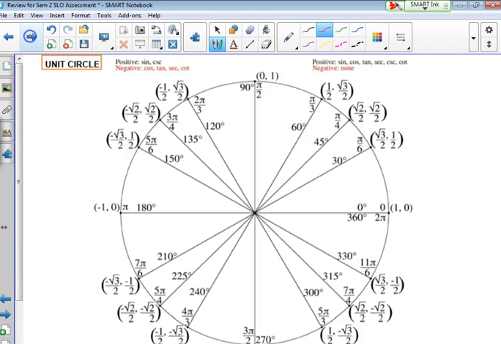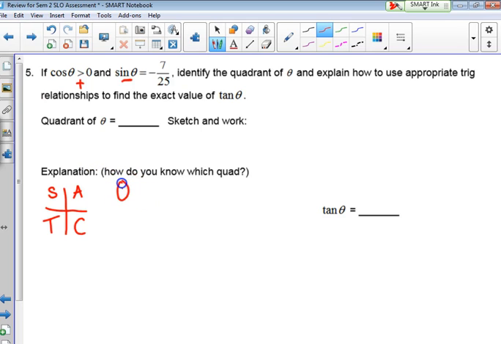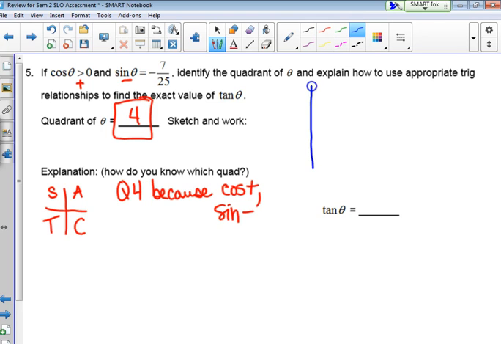All right, so we would write that quadrant 4 because the cosine is positive and the sine is negative. It's good enough for me. We need to find tangent, so I'm thinking we need to do what? Yep, I would go with a sketch. I'm going to put this onto the sketch, right?